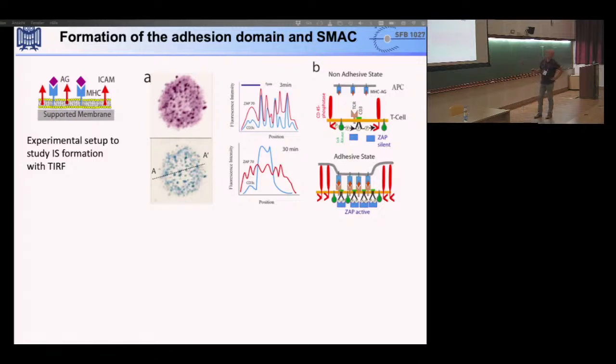And then you observe that the integrin binding sites and the T cell receptor bindings self-organize into a spatial arrangement where you have here the T cell receptors, and here the integrin and ICAM.